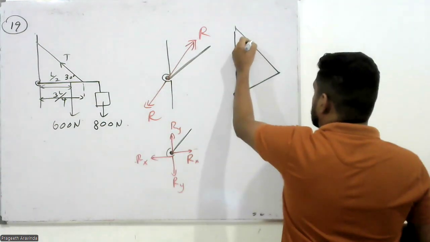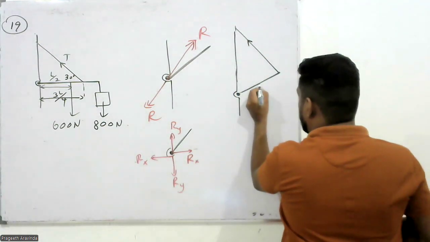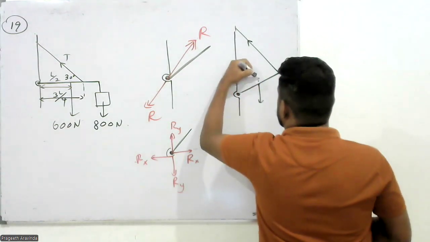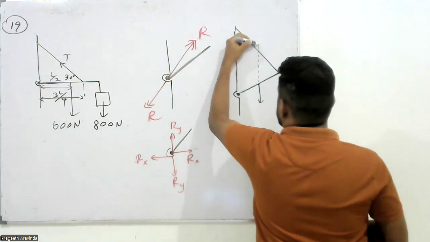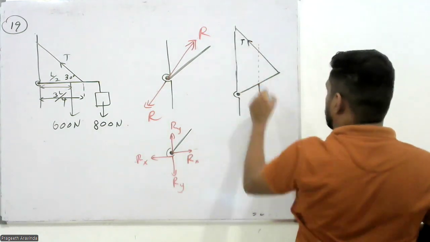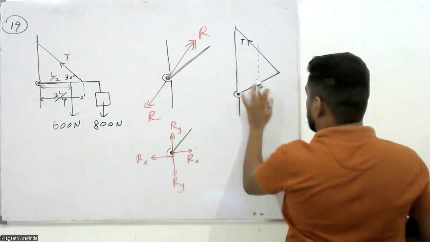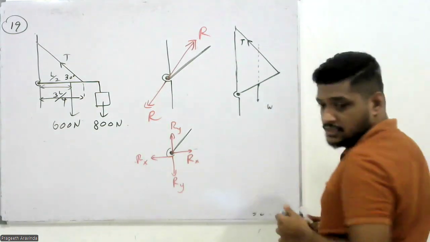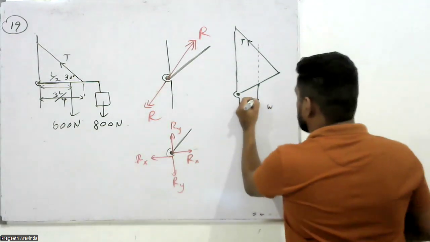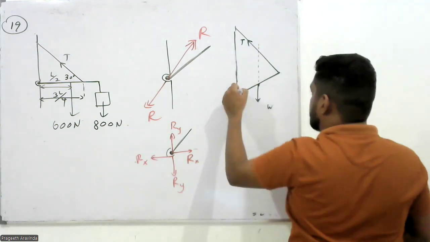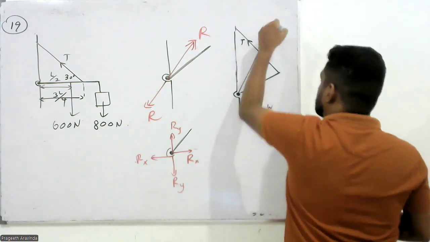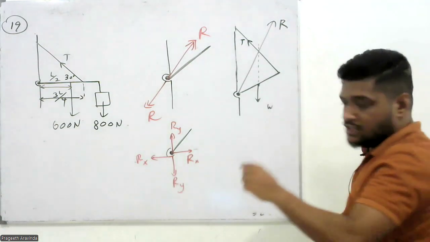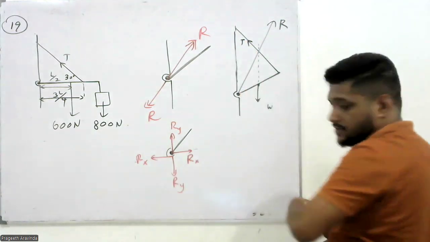So there is a tension this way and the weight of the rod is going this way, and this should cross the tension at this place, and definitely the reaction should go through this point like this, because there is an equilibrium. There is an equilibrium, the three forces should meet at that.